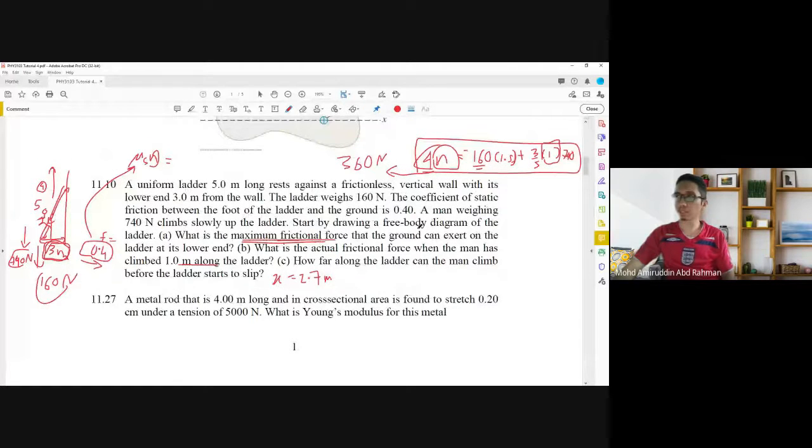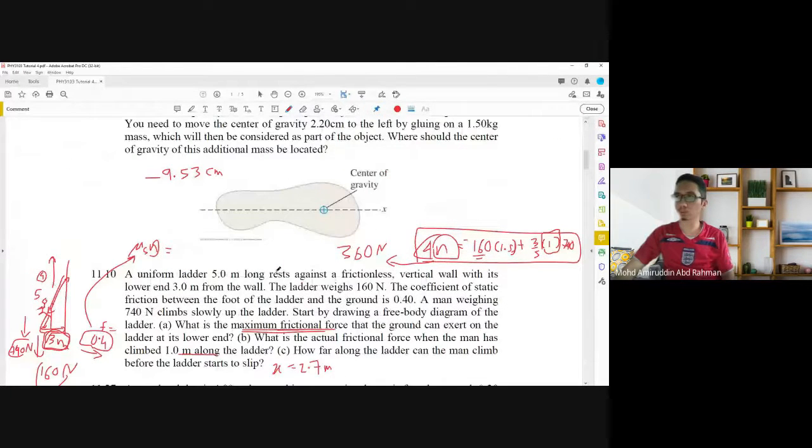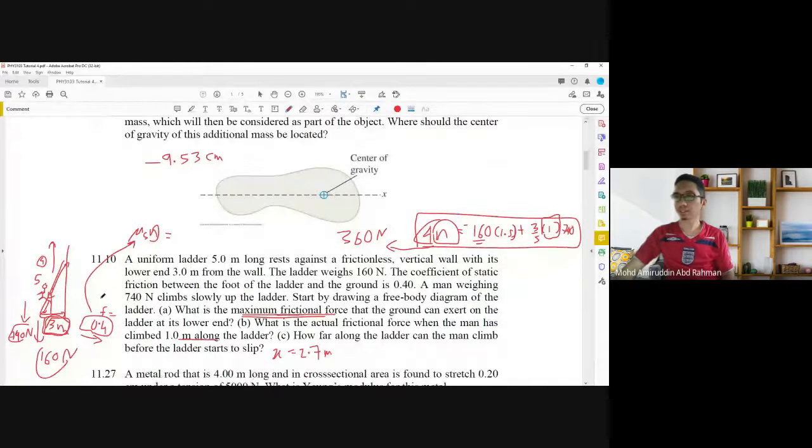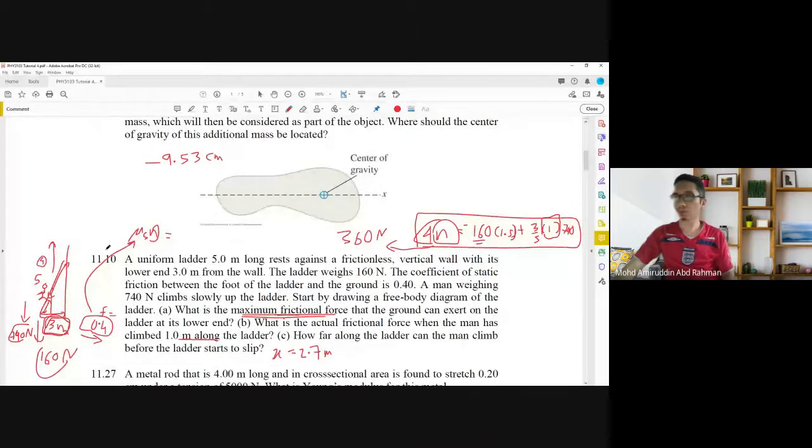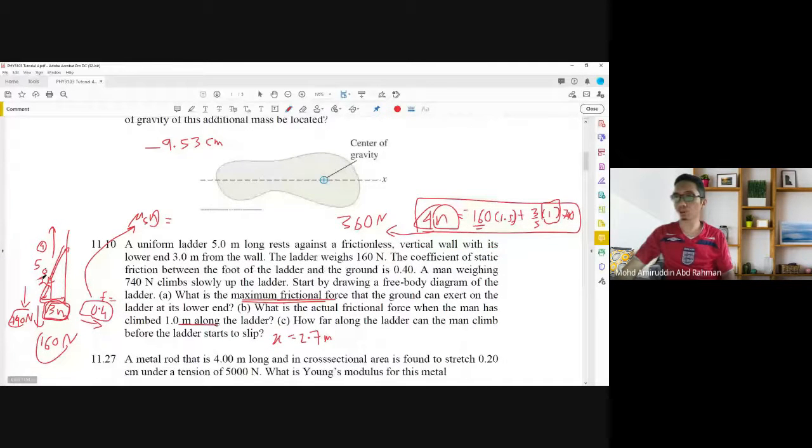So it is similar to the one that you solved for equation 11.1, except that this one is having an angle. When it's having an angle, you need to consider the horizontal distance and also the vertical distance of this ladder.